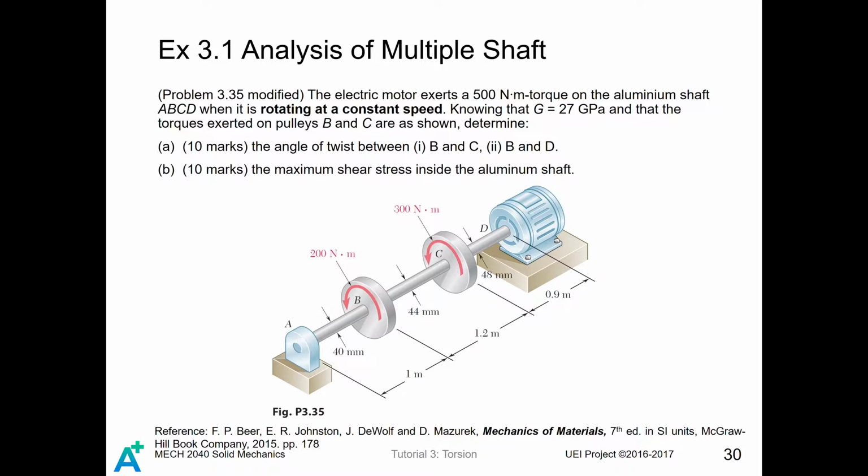Knowing that the shear modulus G equals 27 GPa, the torque acting on B is 200 Nm and the torque acting on C is 300 Nm. We want to determine the angle of twist between B and C and between C and D. Also, we want to determine the maximum shear stress inside the entire shaft.